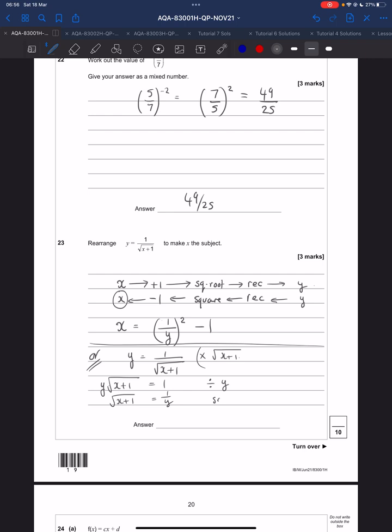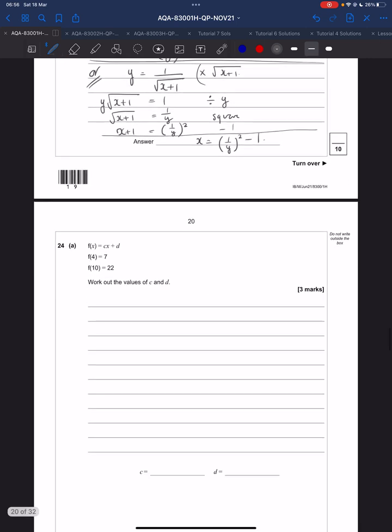Then square each side, so x plus 1 is 1 over y squared. Then subtract 1 from each side, so x is 1 over y squared minus 1. So two ways, and you get the same answer.